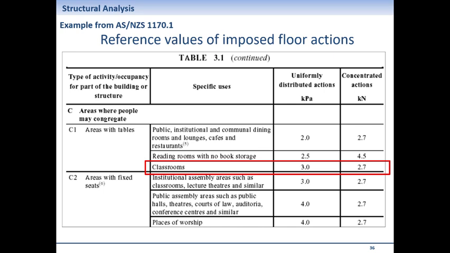For classrooms, uniformly distributed actions, kPa is 3. 3 kPa. What does it mean? 3 kilonewton per square meter. So per square meter, so that sort of area, just to make sense how big of a load it is. And it says 3 kPa, 3 kilonewton.